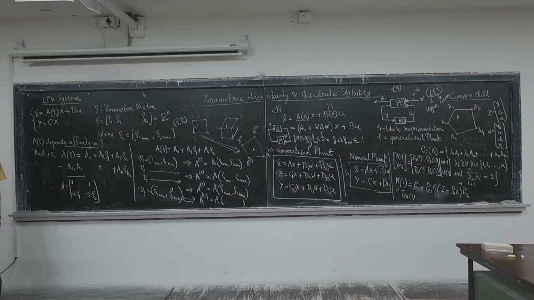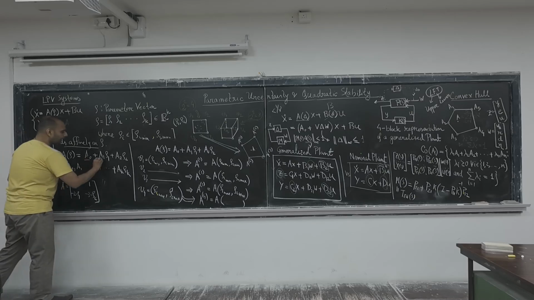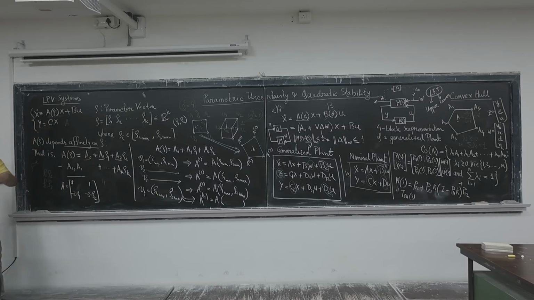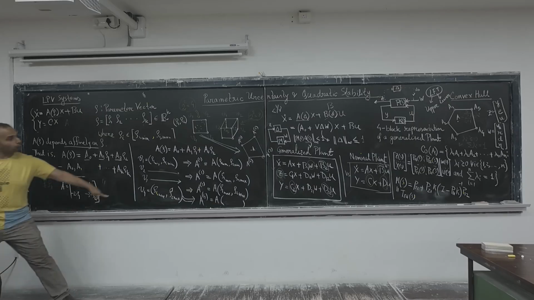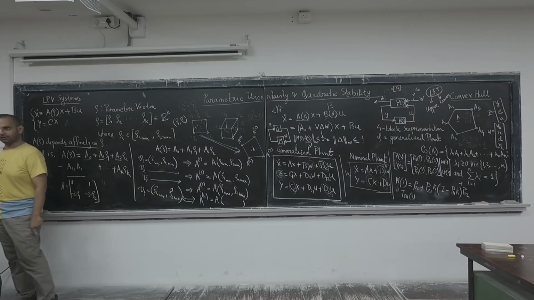Now this is an LTV system. You try to represent it in this fashion. So the A0, A1, A2 which you are going to get from this are quite different from this one, isn't it?